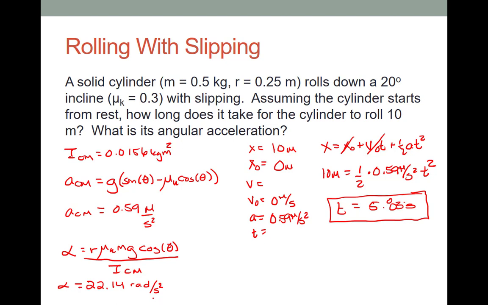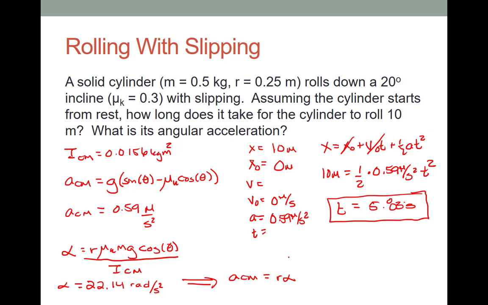Let's take a moment and compare the acceleration of the center of mass to what the acceleration would be if this were rolling without slipping. So here I'm going to use that a_CM equals R alpha, which doesn't apply to this problem as it's written because it is rolling with slipping. But for comparison purposes, I think it is helpful.